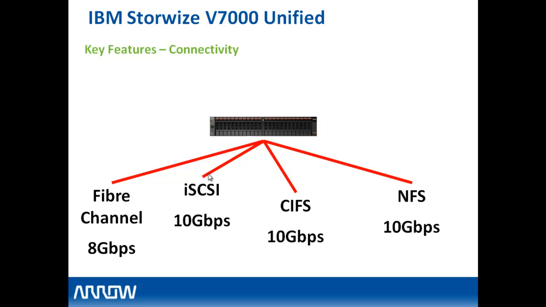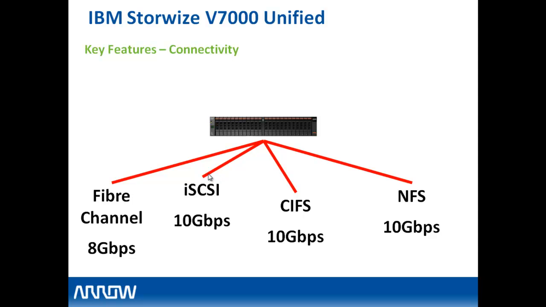The Unified can be either bought by default from day one as a 6U storage and filer solution, or it can be an upgrade to an existing V7000 installation.